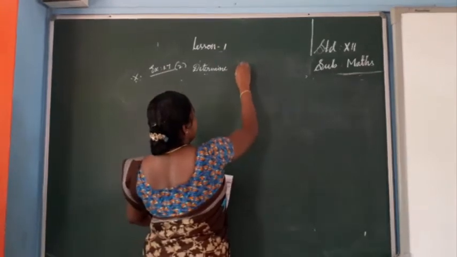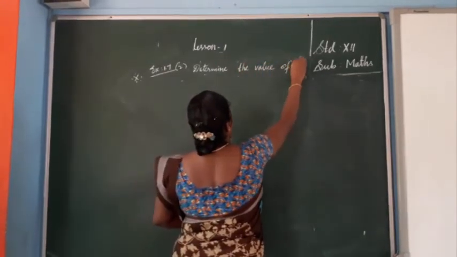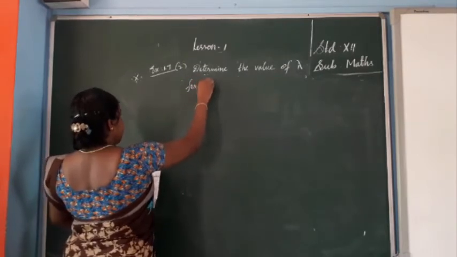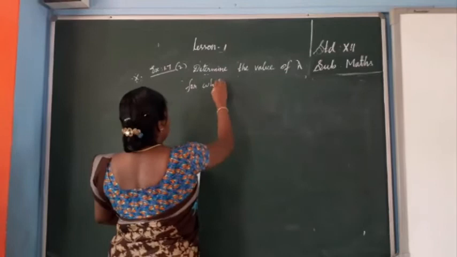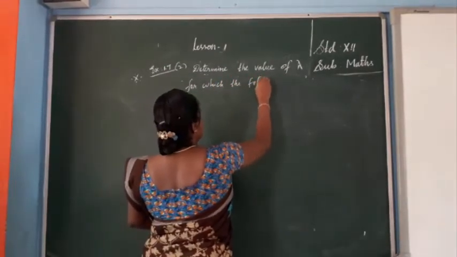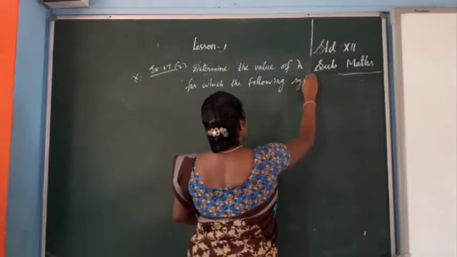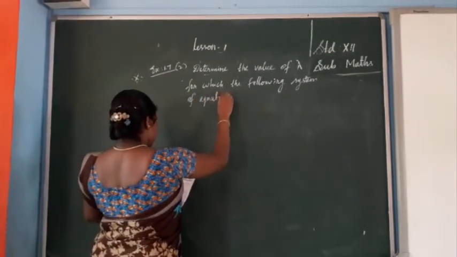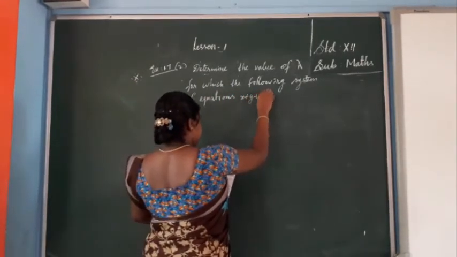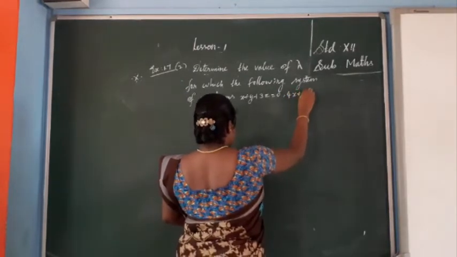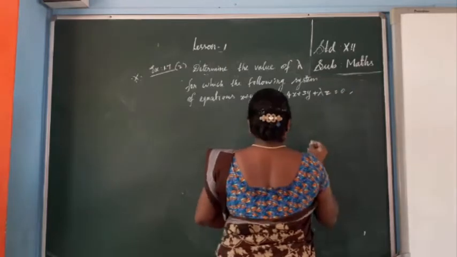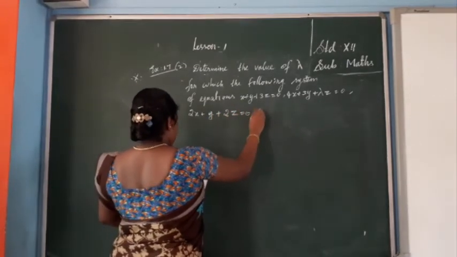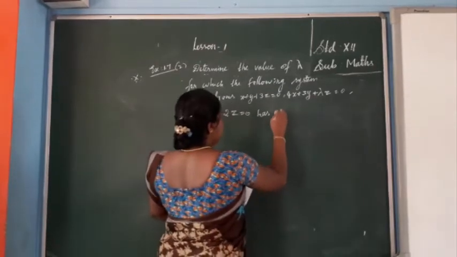Determine the value of lambda for which the following system of equations: x plus y plus 3z equal to 0, 4x plus 3y plus lambda z equal to 0, 2x plus y plus 2z equal to 0, has first, a unique solution.